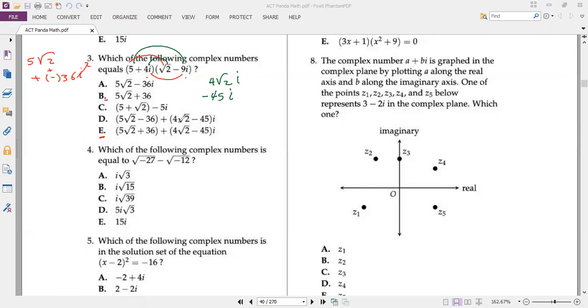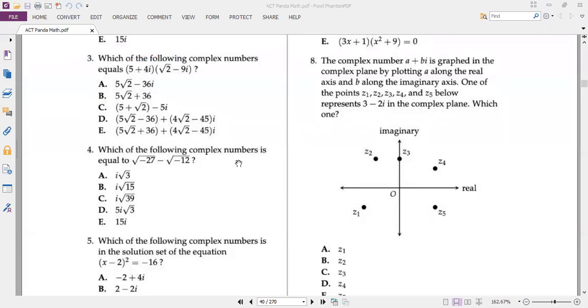So it's very clear now that the answer is E, because we don't have any extra term here, but here we have an extra term. 4 root 2 i is common. So minus 45, we have 1 i only. Okay, now the answer is E.